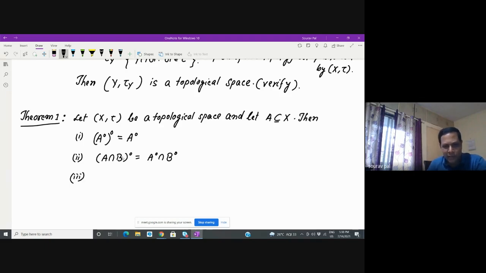Number 2 is, if you take two sets and take their intersection, the interior is given by the intersection of the interiors. So what happens with union? I'm going to ask you this question. What happens if you take A union B and its interior? Is it A interior union B interior? You just verify this.